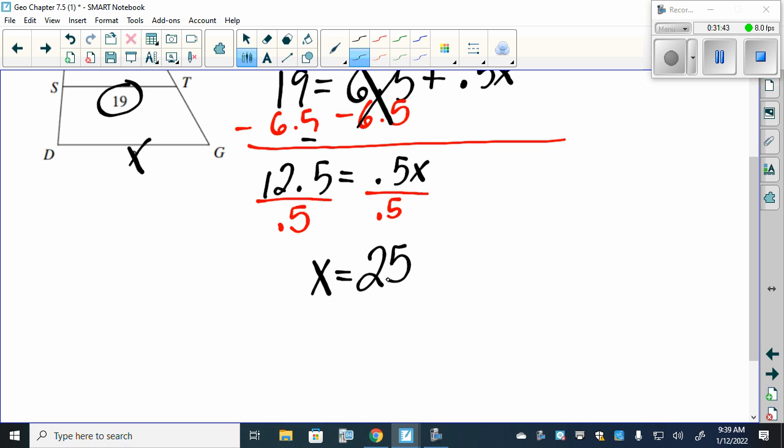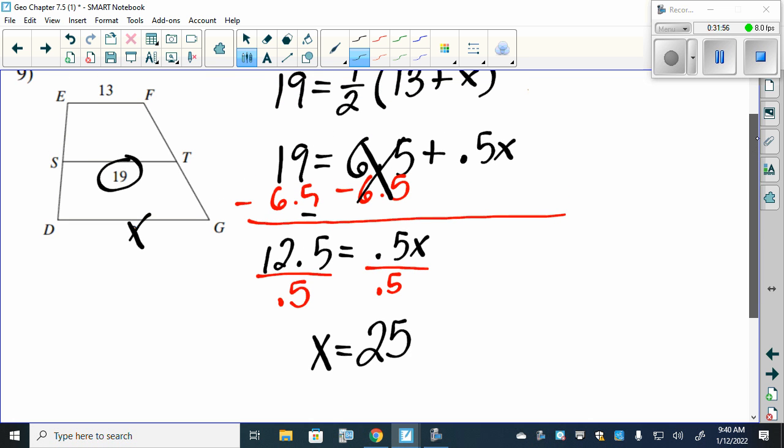Because again, the mid-segment has to be between the other two sides. So if one of the sides is 13 and the mid-segment's 19, well, the third side has to be bigger than 19, because we still need the mid-segment to be in the middle between those two numbers.